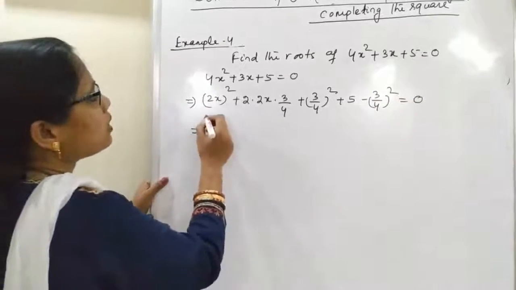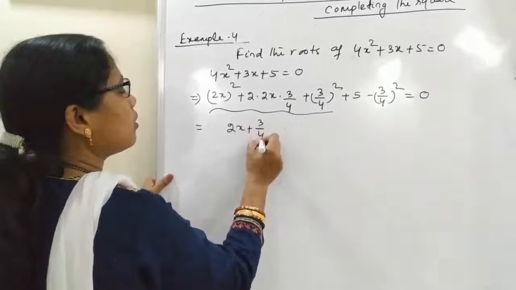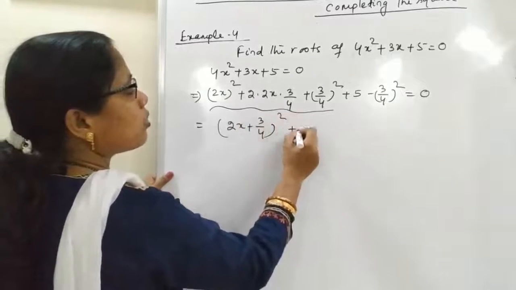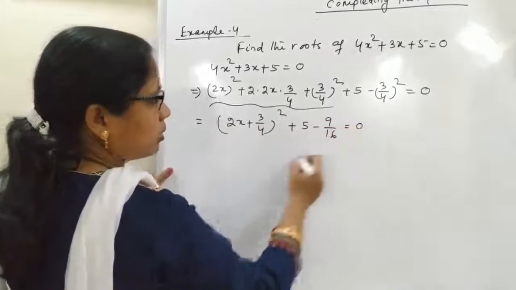So from this we got 2x plus 3 by 4 whole square plus 5 minus 9 by 16 is equal to 0.